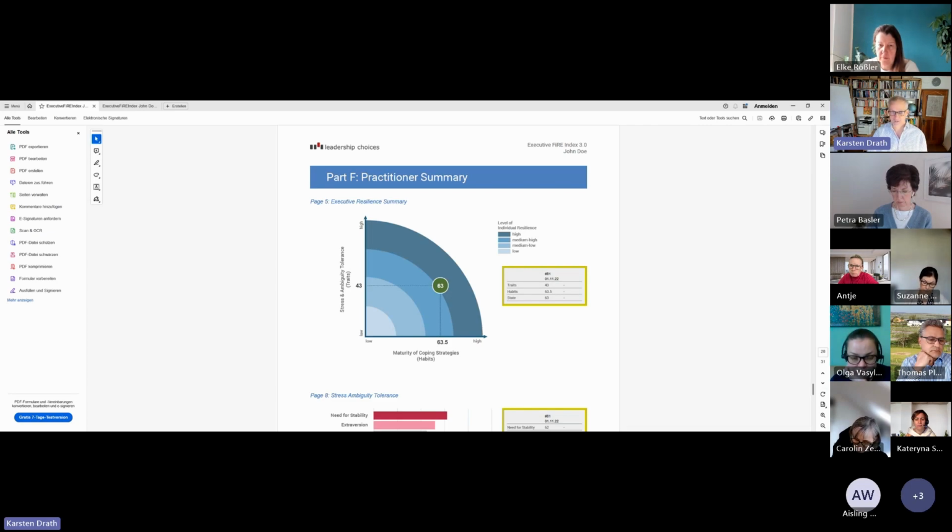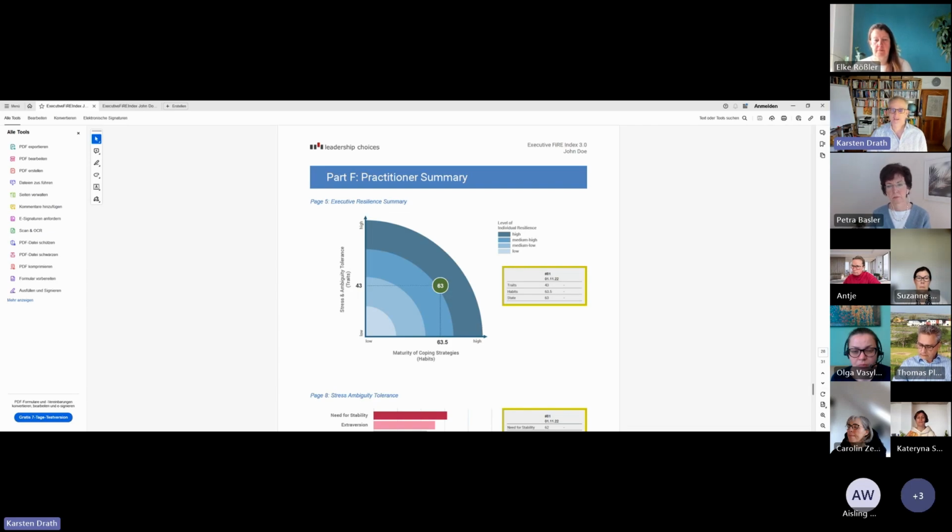And in the green bubble, let's remind ourselves, this is where we see the state, the level of actual life satisfaction. So please be aware, we have 3 time dimensions: traits, long term; habits, mid term; and state, short term. What we see here is 43. 43 is in the area of medium low. So we have a client here who has a trait-based resilience in the medium low segment.